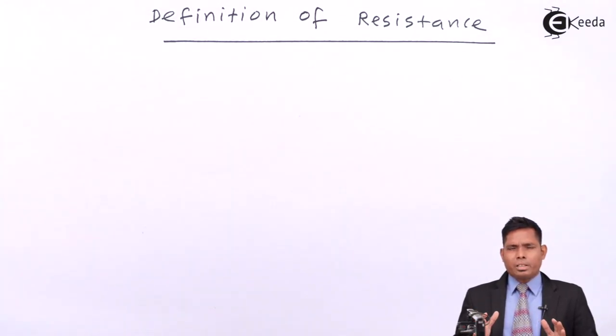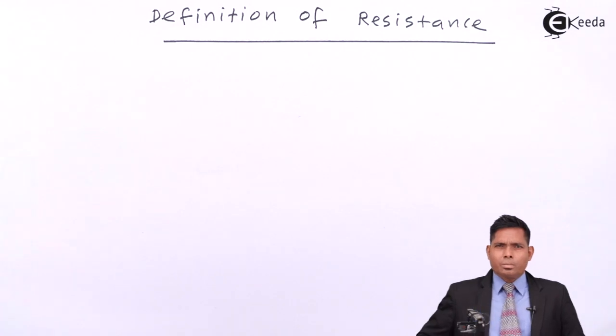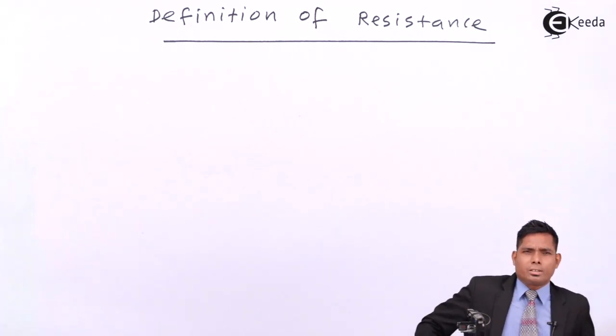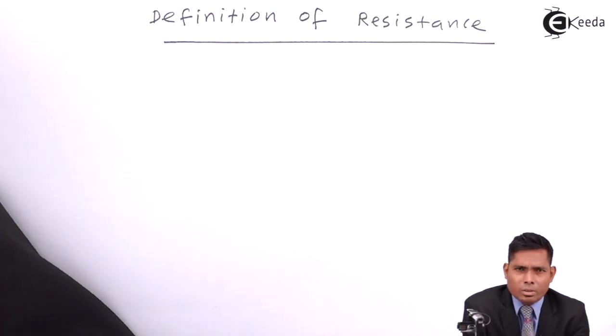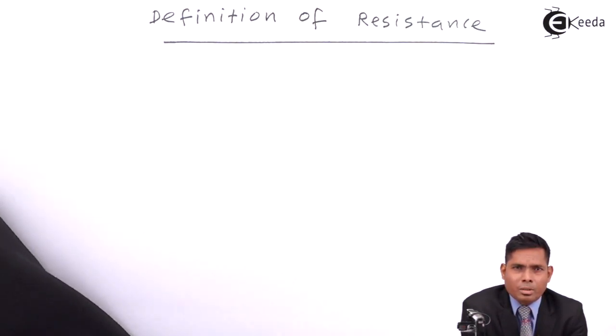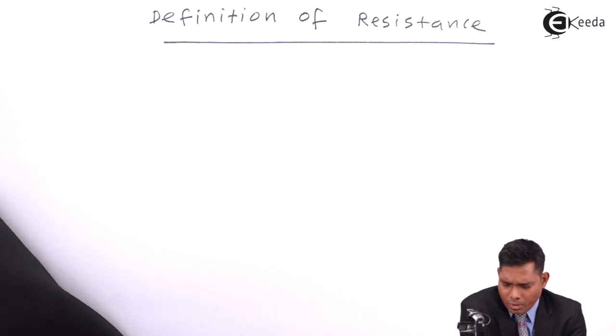So whatever is the potential difference across the battery is the potential difference across the conductor. So when potential difference is provided, electric field is set up, because electric field is potential gradient. So we will learn slowly about that, but first of all we will define resistance.